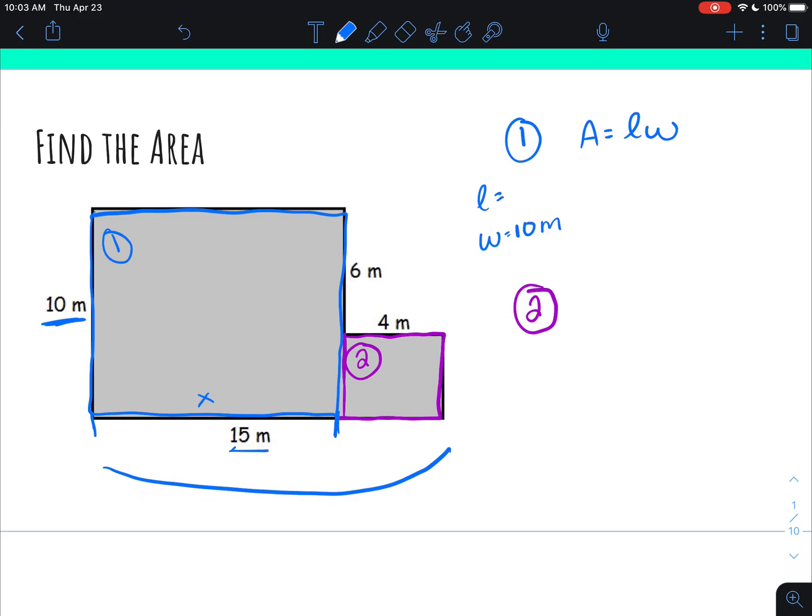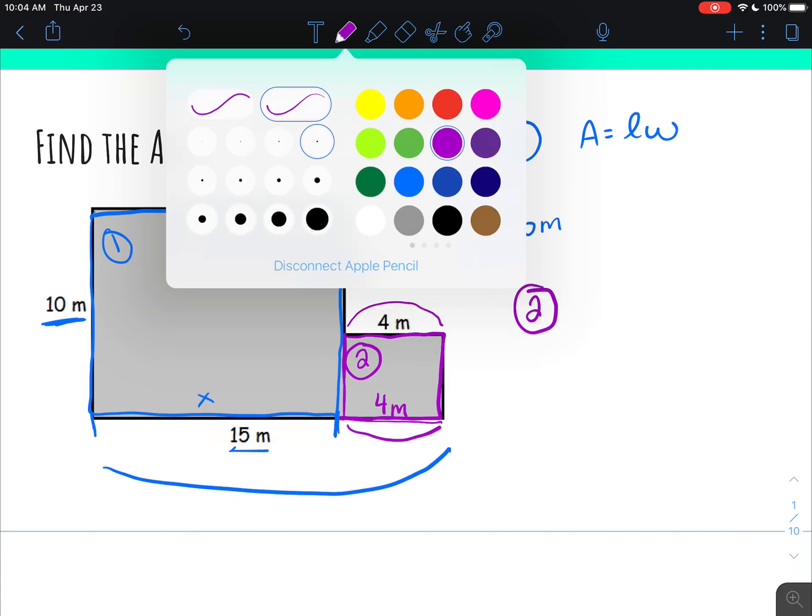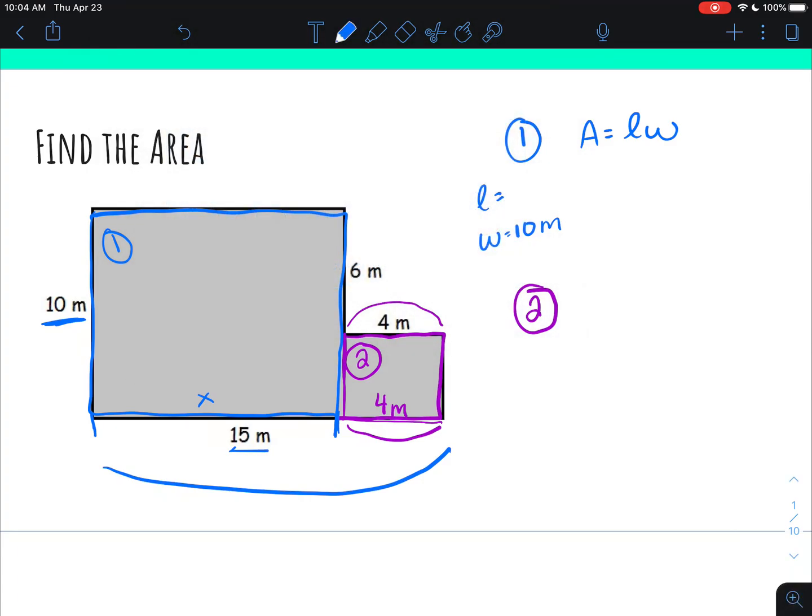My rules of rectangles tell me that if this side right here is 4 meters, then this side right here is also 4 meters. So if I know that this little chunk is 4 meters and the whole thing is 15, it's kind of like an equation that I need to figure out.